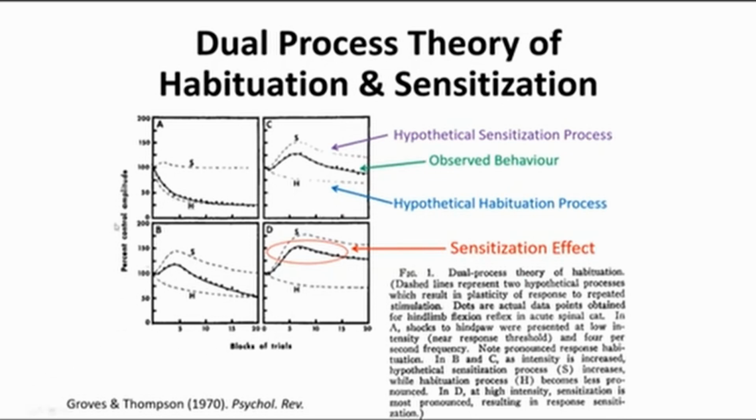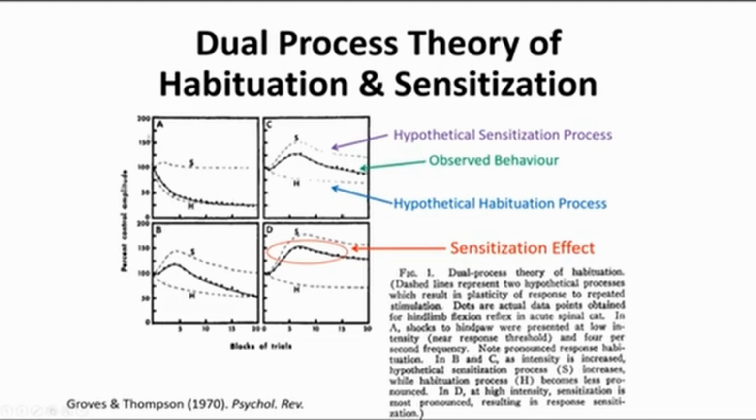So if we look at box A, it is low shock intensity, and we have our S for our hypothetical sensitization process as that dotted line across the top, our H at the bottom as our hypothetical habituation process, and then the dots connected by a solid line are the actual observed behaviors.